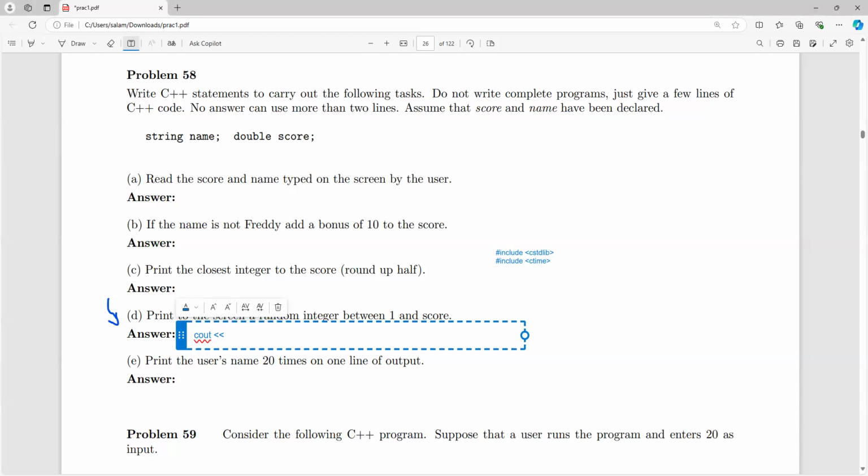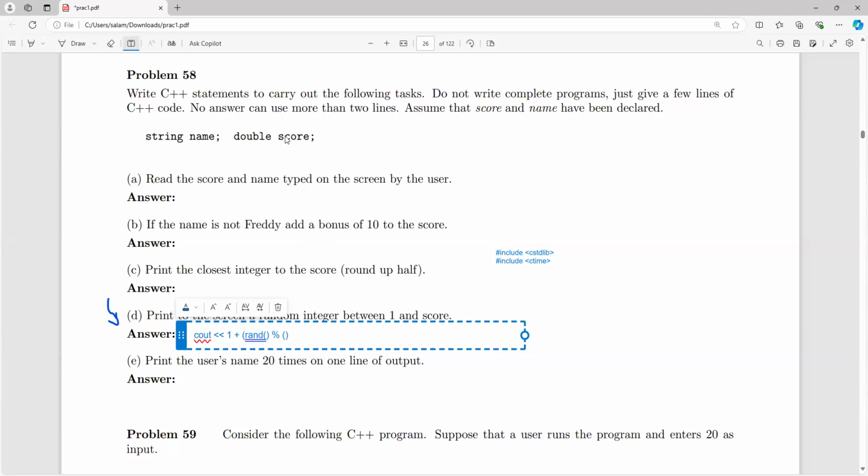So it's going to be min, so that's 1 plus rand modulus the max. And remember, score is a double.